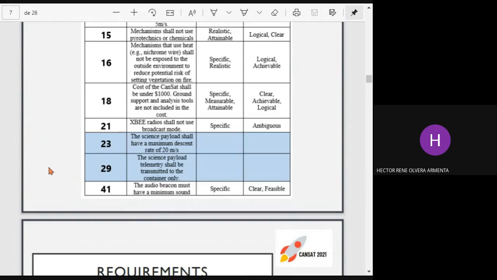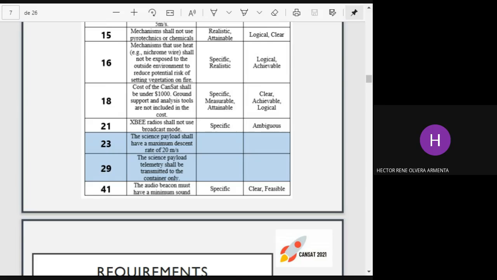Here is the same thing. There are some requirements that are repeated, and for example, another requirement is the budget of this project for this competition. The concept shall be under $1,000.